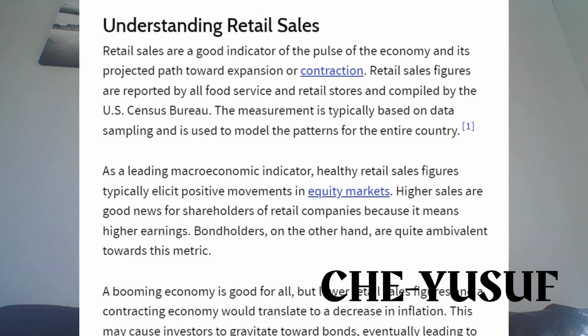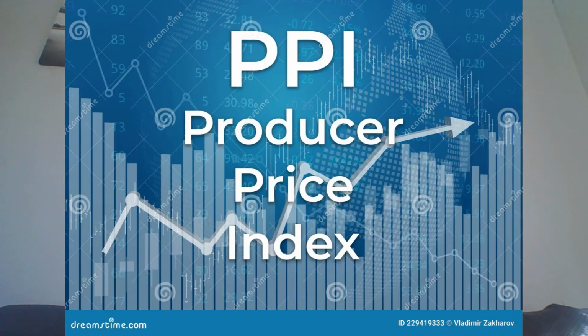Then to the labor, which gives us an idea of how many people are being employed or not in that particular region. Then it gives us the indication of whether they're going to cut the interest rate or increase it.